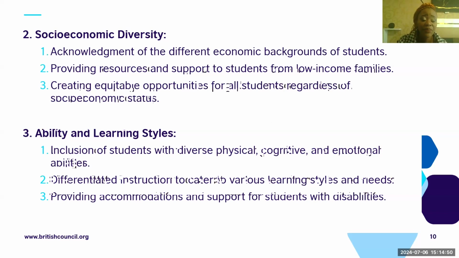And then number 3, abilities and learning styles. So now you must check the abilities of your learners. Check which learners have a physical, cognitive, or emotional disability. So it means as a teacher, I'm aware of my learners. I need to ensure that when I plan my lesson, I check how I am going to make sure that I cover each and every one in my lesson.